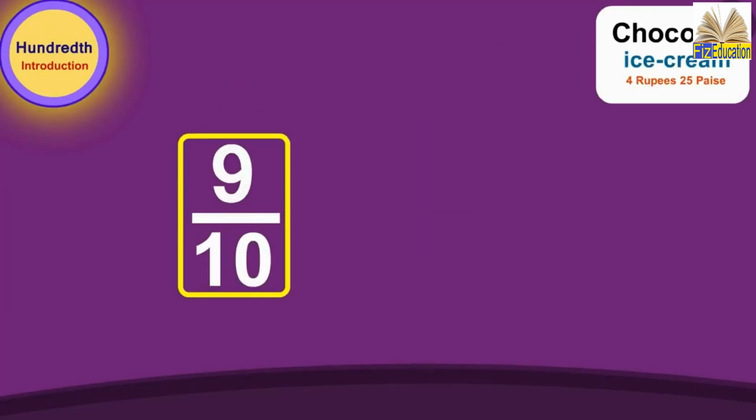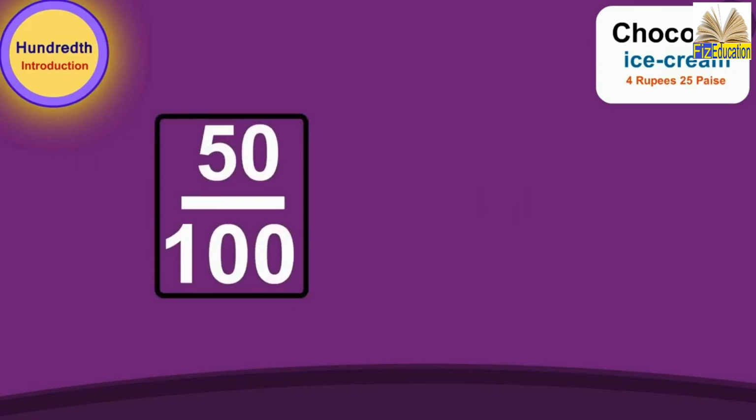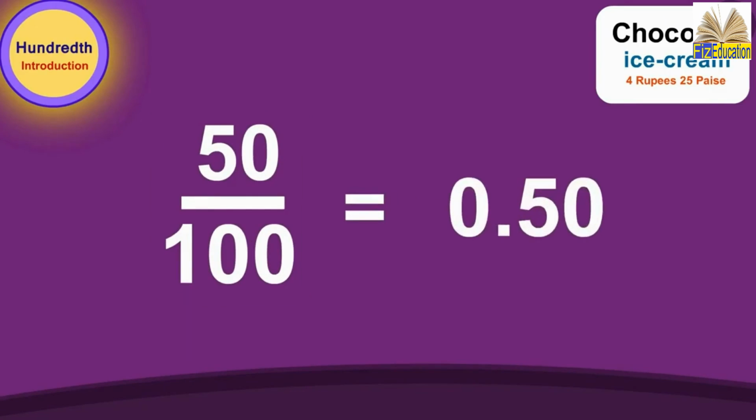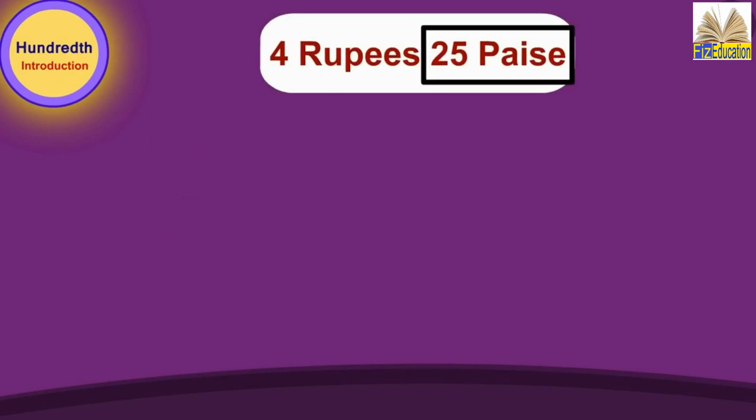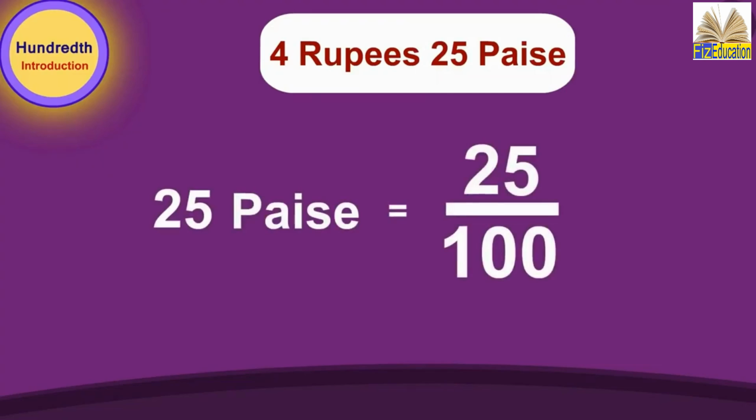Just as we write 1/10th of any number using a decimal point, in the same way, we can write 1/100th of any number using a decimal point. Here, 25 paise is 25/100th part of a rupee.